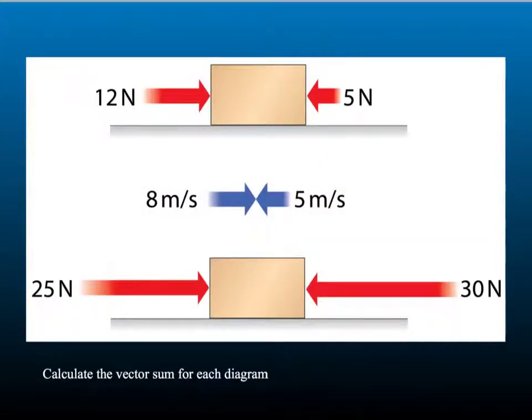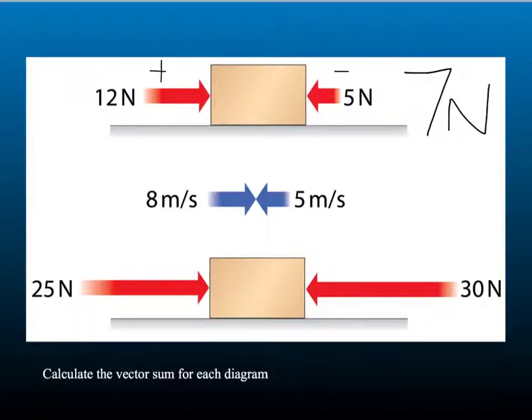Okay, so I want you to stop the video, and I would like you to calculate the vector sums for each of these. Okay, so in the first diagram, if we take this way as our positive direction and this way as our negative direction, then we can see that we actually have to do 12, take away 5, which gives us 7 newtons.